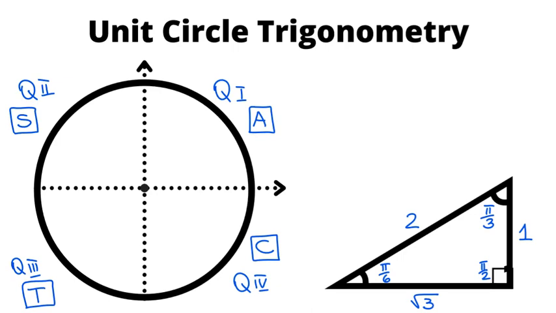So when we try to determine the ratio of the angle, for example, pi over 6, and that ratio is sine of pi over 6, then we're referring back to the special triangle and we say sine of pi over 6 will be opposite over hypotenuse, which is 1 over 2.